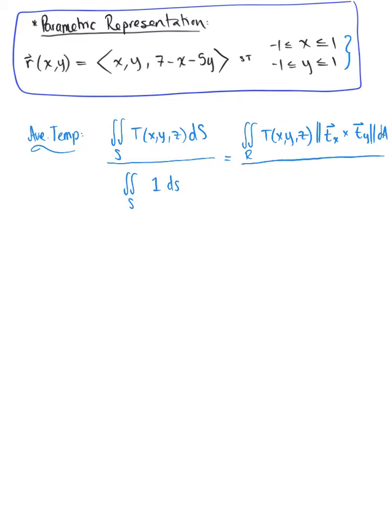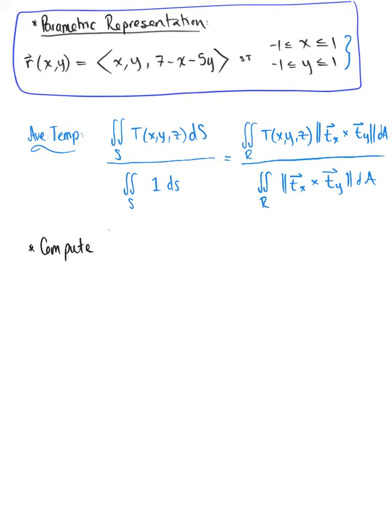And the surface area, since our integrand is just 1 here, will be the double integral over that same rectangular region of the magnitude of the cross product of the tangent vectors in the x and y directions, dA. So we almost have everything that we need. We just simply need to go ahead now and compute the magnitude of those tangent vectors.